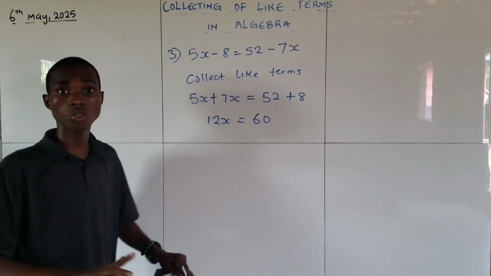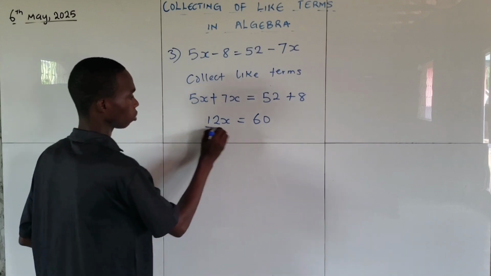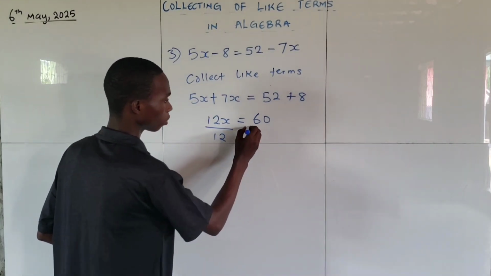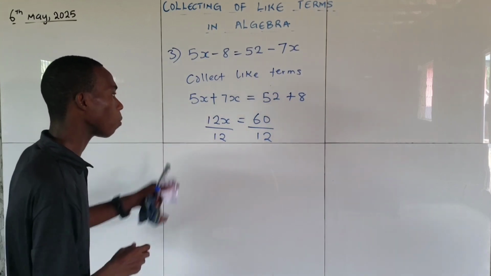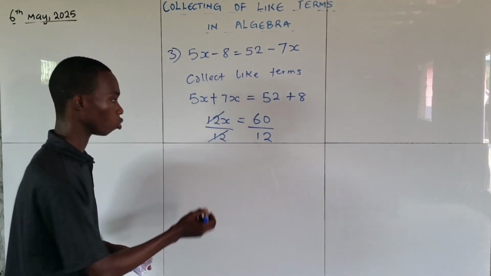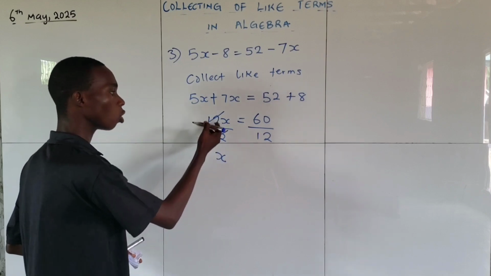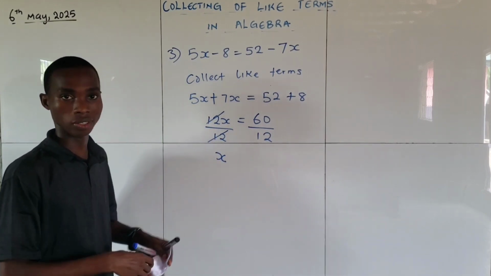So in order for us to get only x, we divide both sides by 12. Now, 12 can cancel 12. We are left with just x, or even if you do 12 divided by 12, it's still 1, and x is still the same thing.